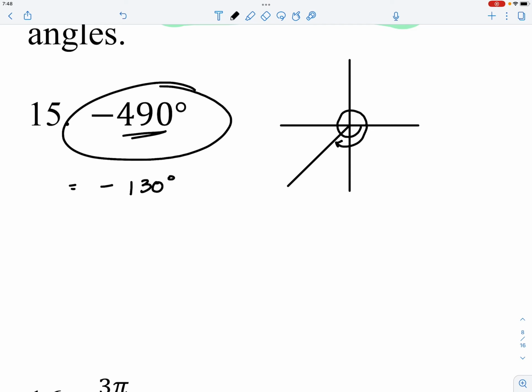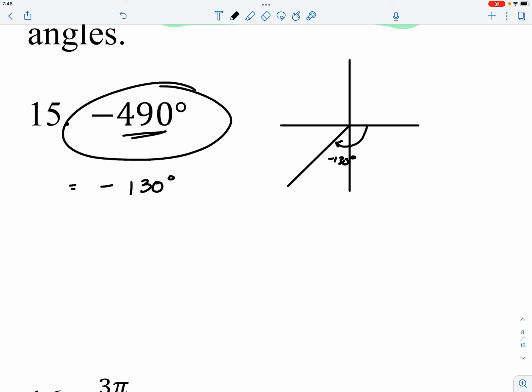Okay. It's very important for you to see the actual angle, to see the actual terminal side. So this is negative 130 degrees.